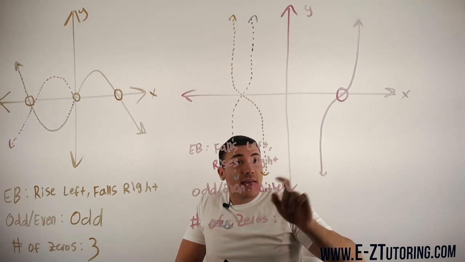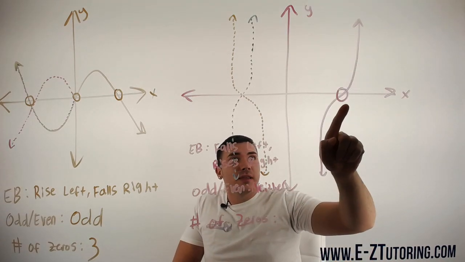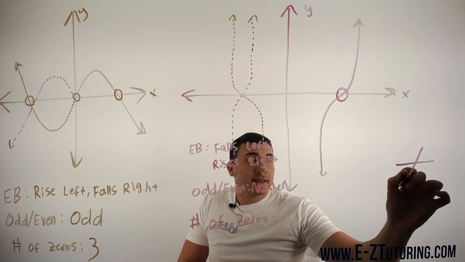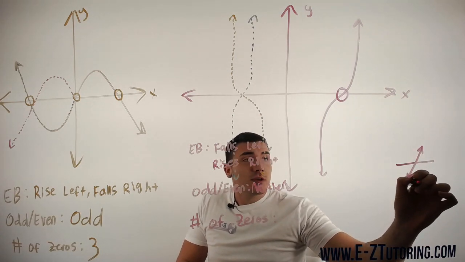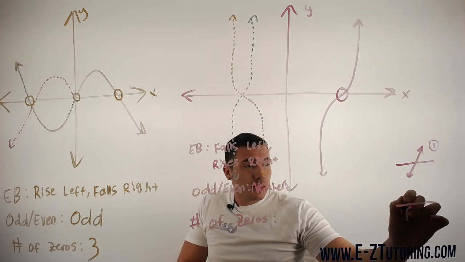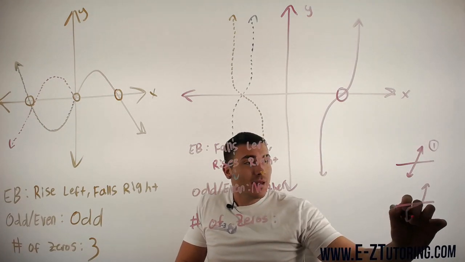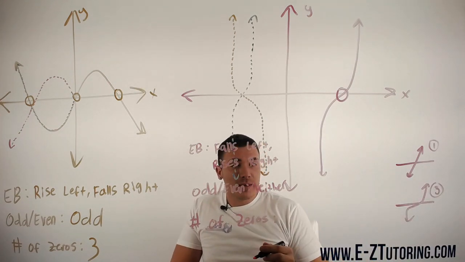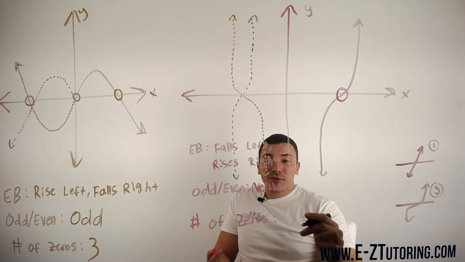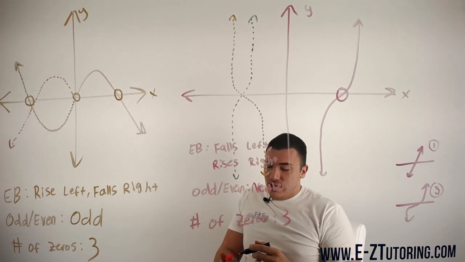Now this obviously has a cubic multiplicity. If it were to just cross through the x-axis like that, that would just be multiplicity 1. However, if it crosses through in a cubic shape, it will have multiplicity 3. So in this case, there are actually 3 zeros.